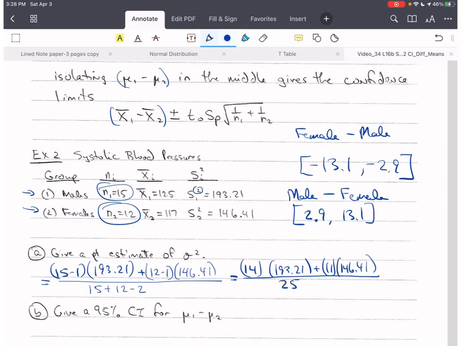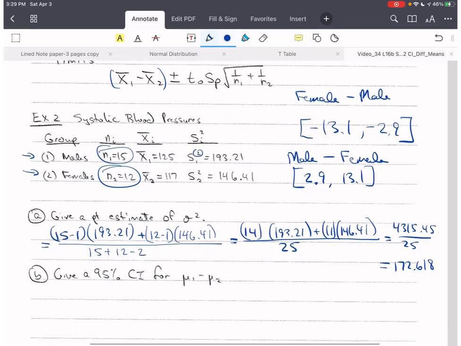So 15 and 12 is 27, minus 2 is 25. And this is going to equal 4315.45 divided by 25, which is 172.618. Okay? And so we're not going to round this until we take the square root.